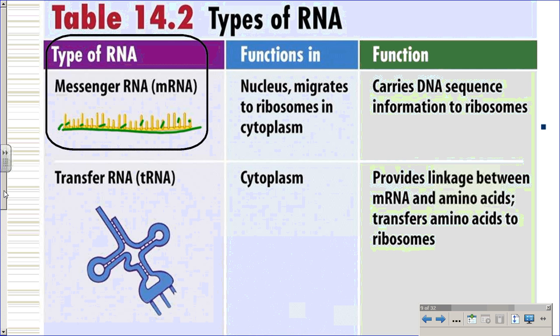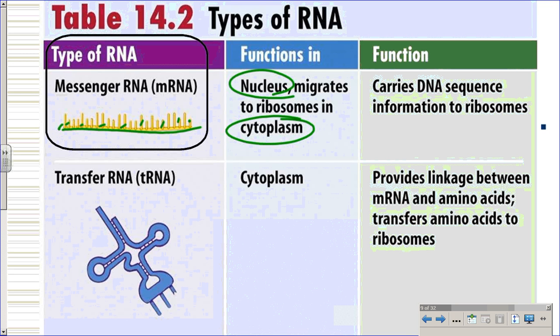It only exists in one place, or two places really. It can go to the nucleus, and it can go to the cytoplasm where the ribosomes are. So if I say, what type of RNA is able to enter the nucleus, you would have to say mRNA. None of the other ones can enter the nucleus. That's the only one. So that's why I want you to write down the location so you don't forget that.